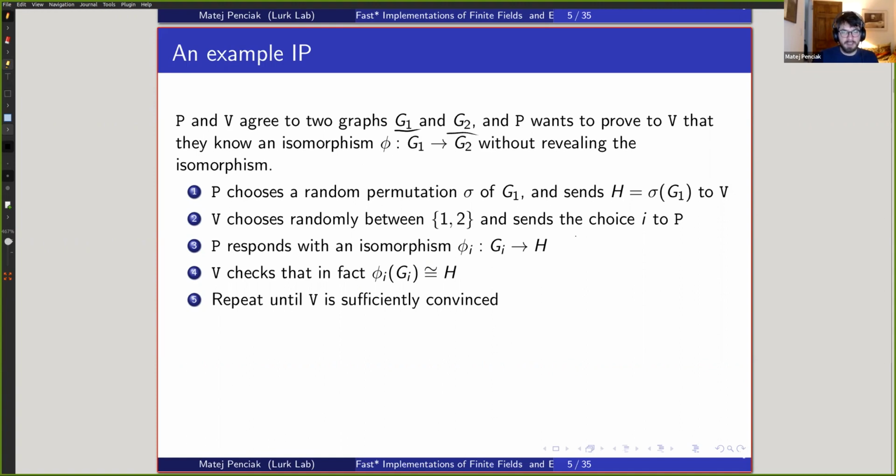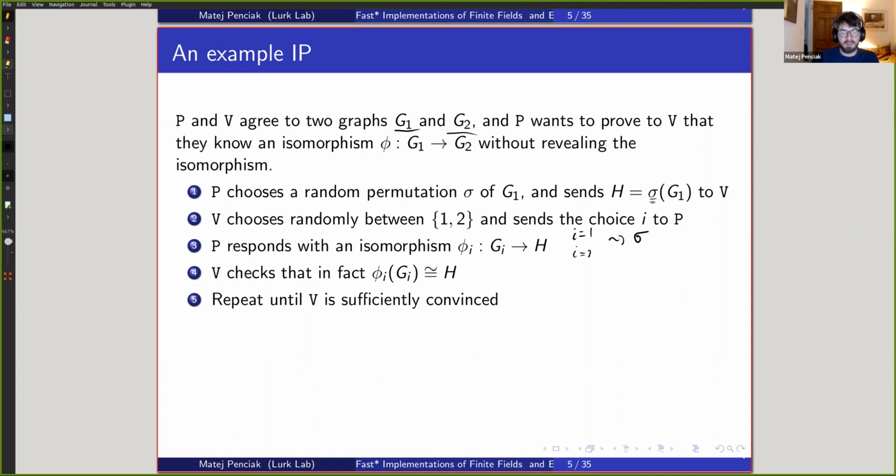So for example, if in step 2 the verifier chose i equal to 1, then the prover just sends sigma, right? So sigma is kept secret from the verifier, or maybe not necessarily kept secret, but is not something that the verifier should be able to compute.